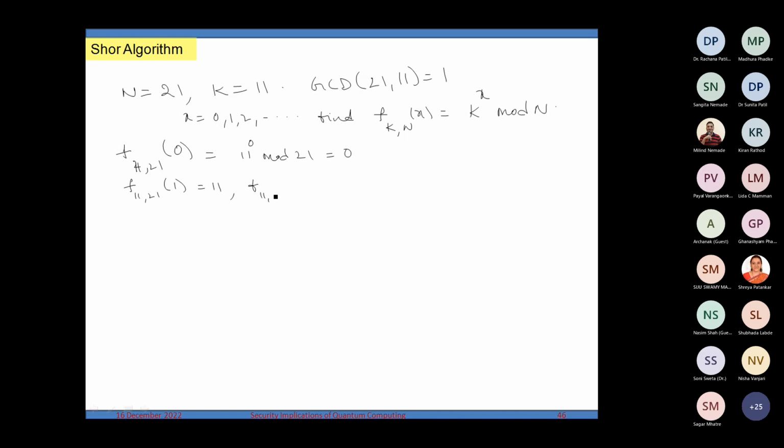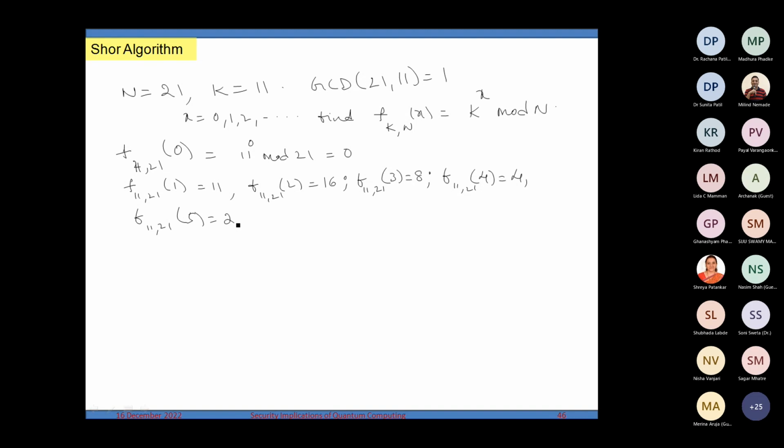Similarly, f of 11, 21 of 2 will give you 16. f of 3 gives 8. f of 4 gives 4. f of 5 gives 2. f of 6 gives 1. f of 7 gives 11.